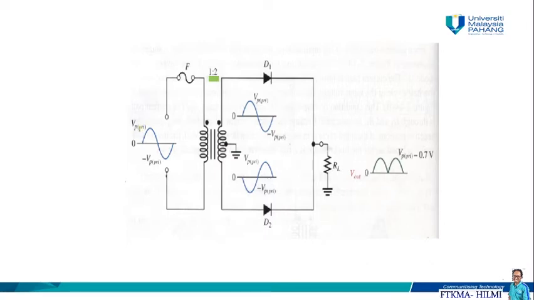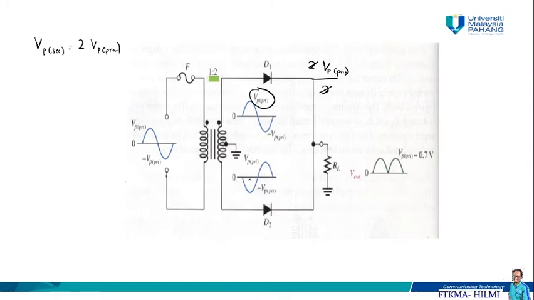VP, the primary peak voltage, is going to be through this transformer, and we are going to get, similarly to the equation previously, the VP secondary is going to be equal to 2 VP primary divided by 2.